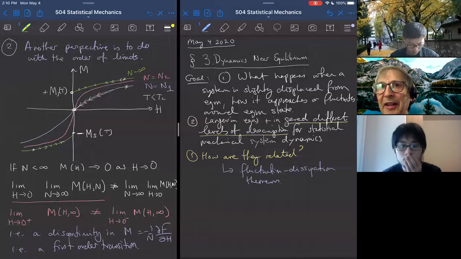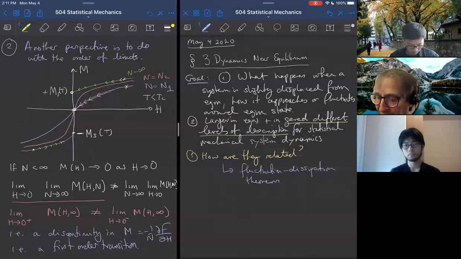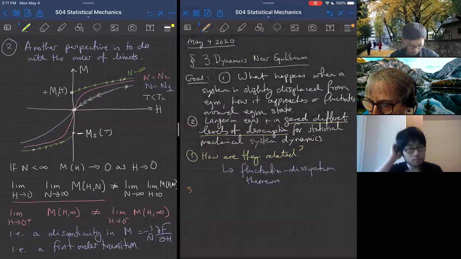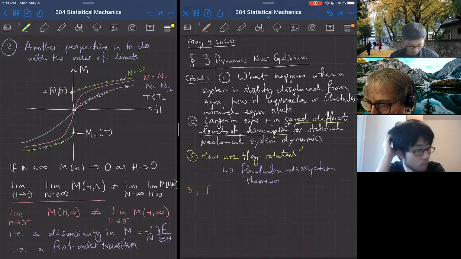There's a lot of competition, but this was the paper that predicted, or at least convinced people, that atoms exist. So let's get started straight away since we don't have very much time. I want to start then with section 3.1 on Brownian motion.